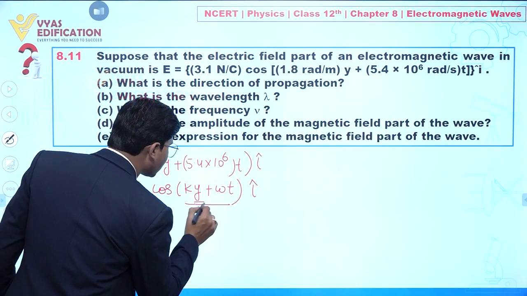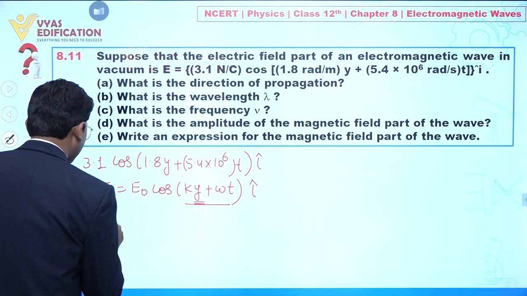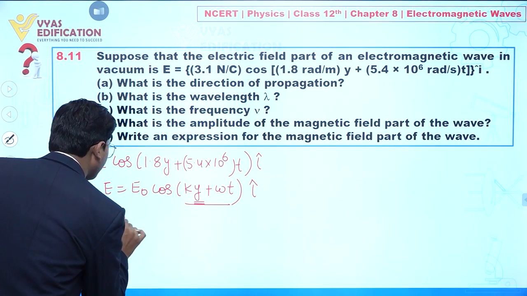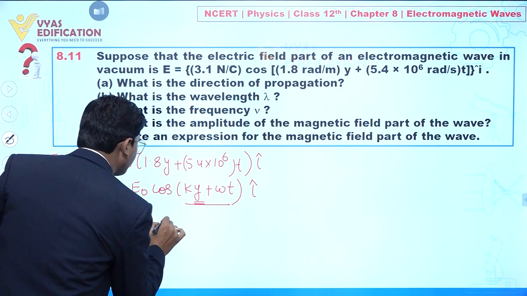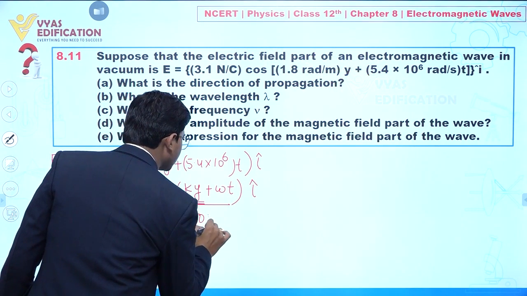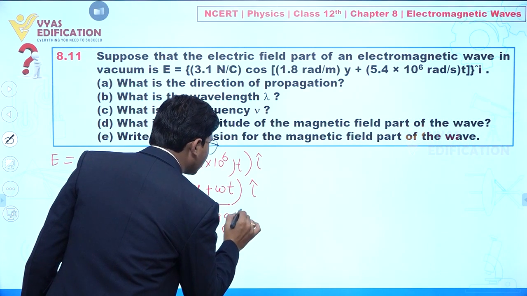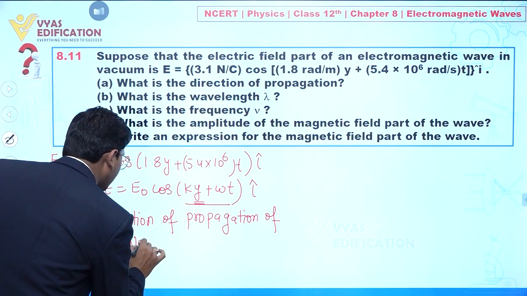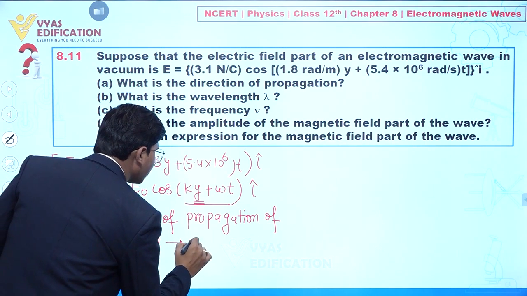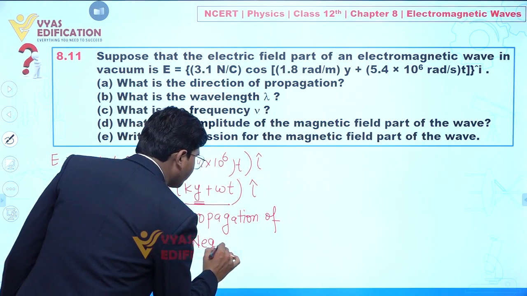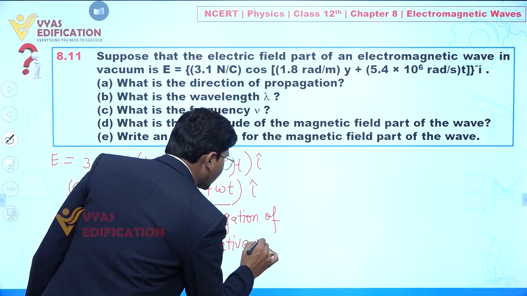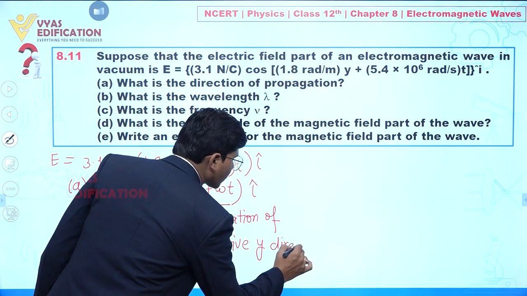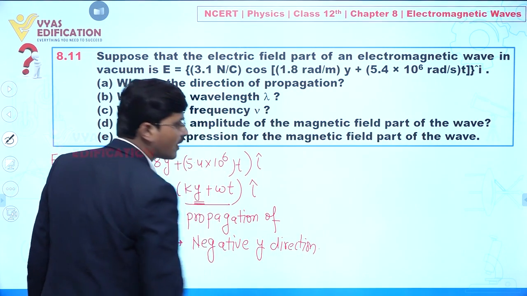Because here we are getting the term y, I can say the direction of propagation of the wave is in the negative y direction. Clear to everyone? Negative y direction.